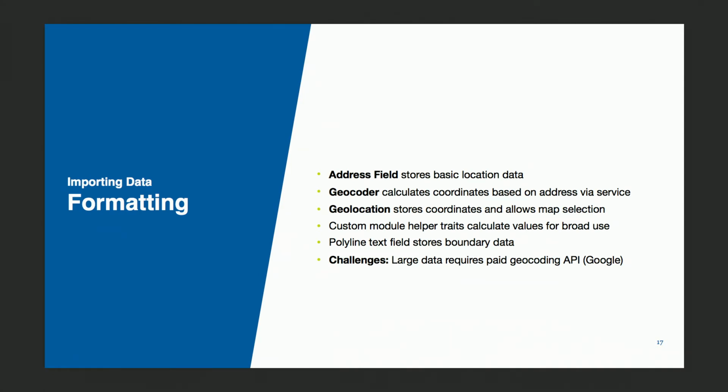But the polyline thing with the area part of it, that's something where we had to store it in a text field, and that was data that we imported from an external system. In theory, you could handle that in a custom function. So I had to save my polygon as a giant string. Right. The geolocation field doesn't support that.